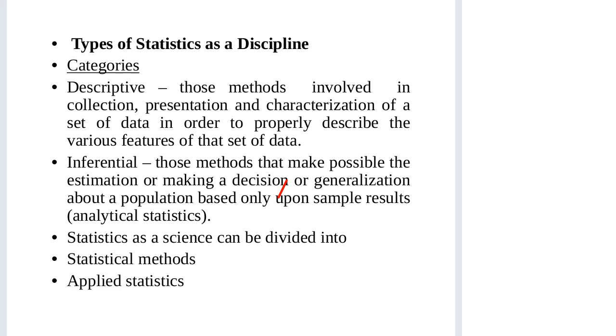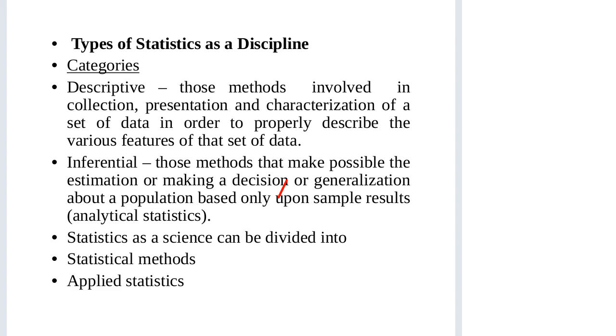Now, I said earlier that it may not be possible to study the entire population. So where it is not possible to study the entire population, we may be required to select a sample and study that sample.